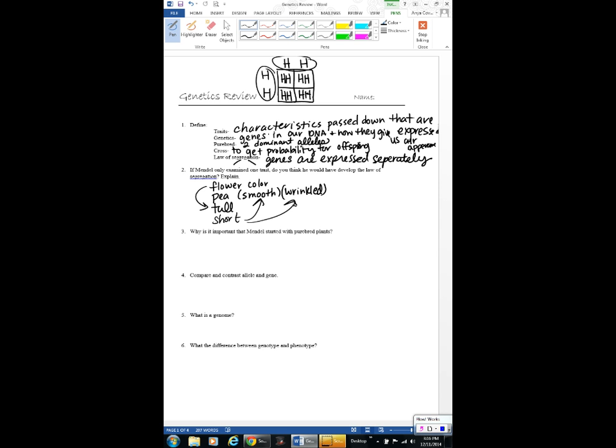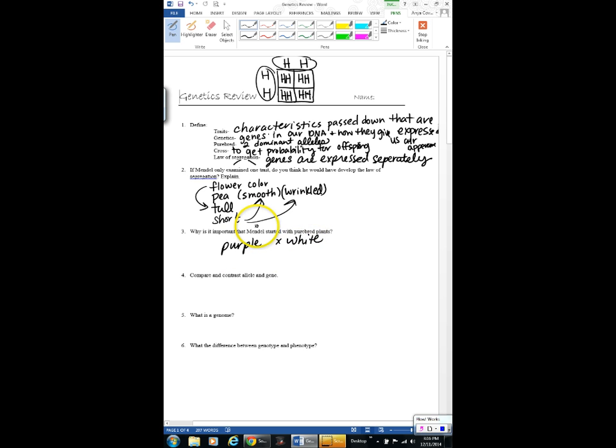Okay, why is it important that Mendel started with purebred plants? Well, if he would have started with something that may have had a recessive gene, he might not have been able to track exactly where it was coming from in the parents. So he was able to take two purple plants, and he knew that they were purebred, and put them with a white plant.